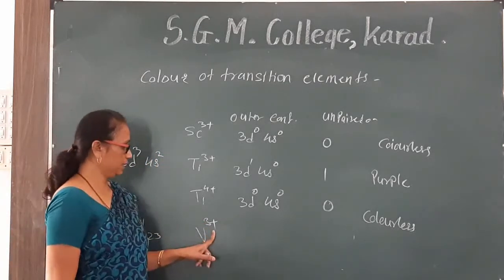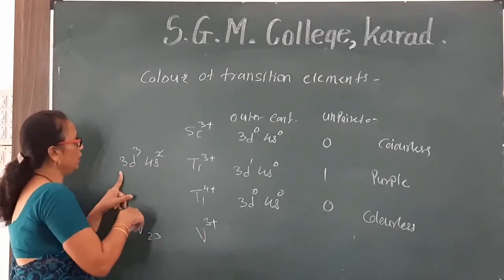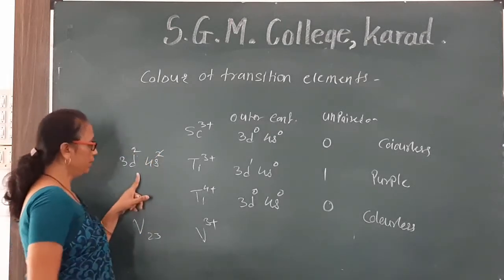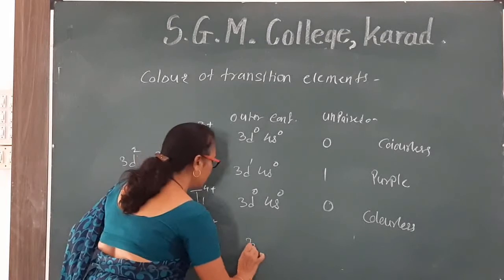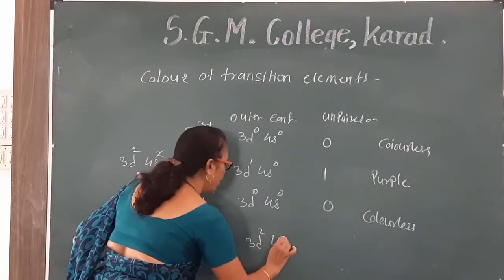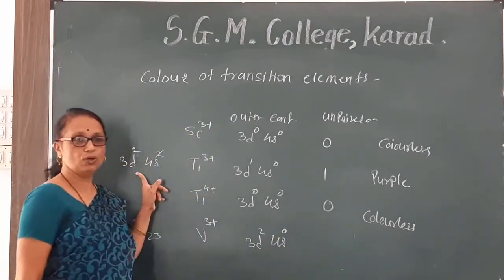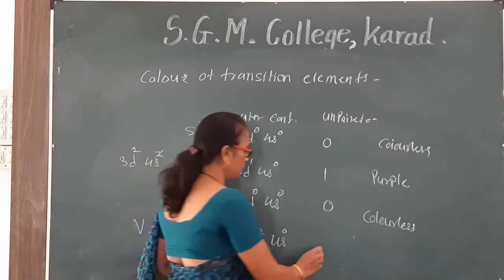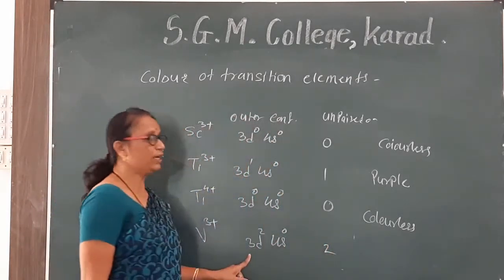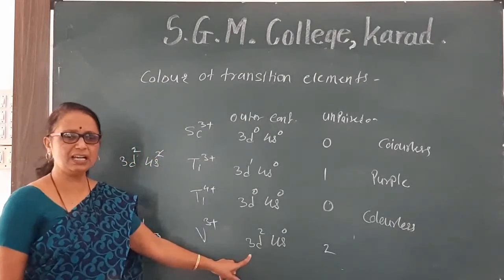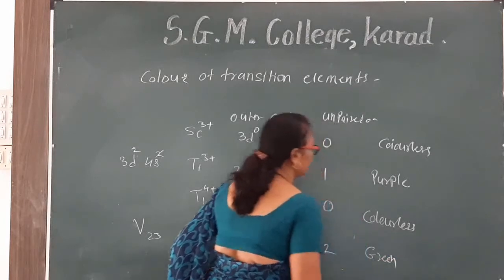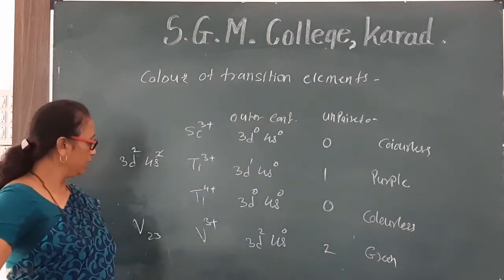Vanadium 3+ means the loss of these 2 electrons and this 1 electron, 3 minus 1, 2. This electronic configuration becomes 3d2 4s0. How many unpaired electrons here? 2 unpaired electrons. If there are 2 unpaired electrons, there must be some color, that is the green color.